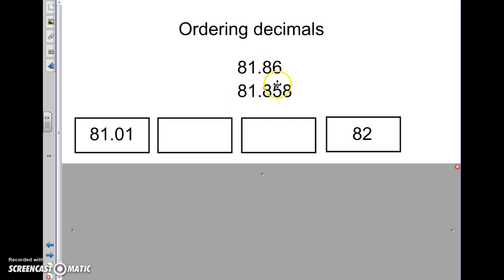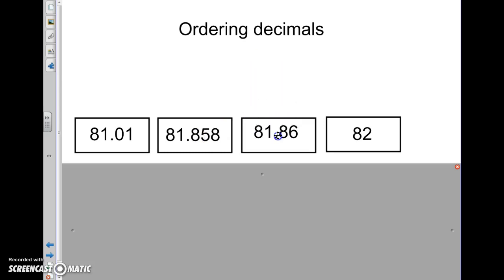We're going to move one place value over here, and we can see that this is not the same. So up here we have 6 hundredths versus 5 hundredths, and that means that that's going to be larger, right? So I'm doing it from smallest to largest. I'm going to put the smaller one of the two here, and then that means this is going to fit right here. So good mathematicians, we always double check our work and make sure that we have the correct answer.